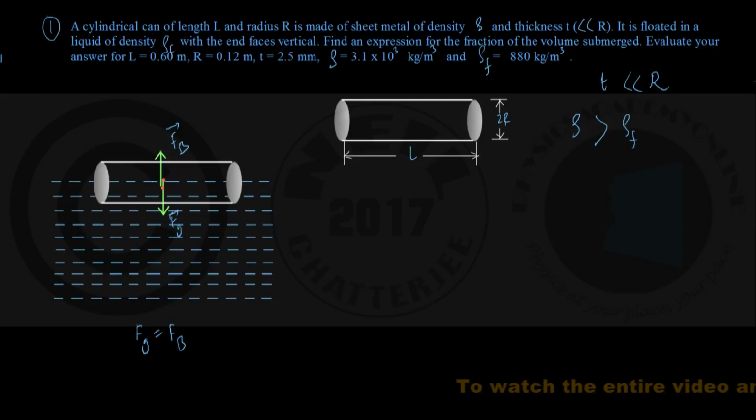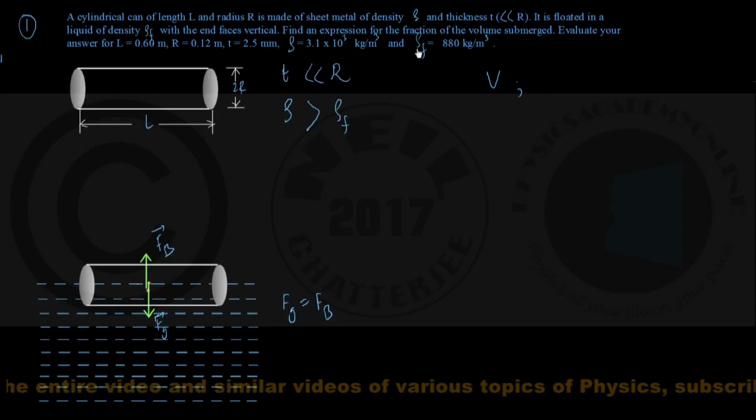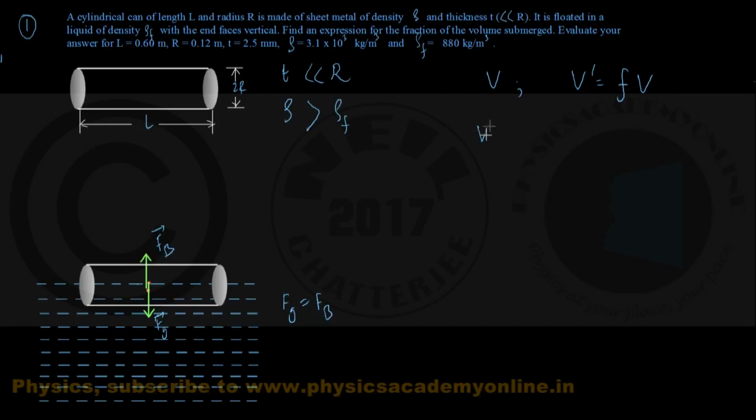We shall assume here, with a little bit of rearrangement of my drawings to make some space for writing, that the total volume of this cylindrical can is equal to capital V. So, if the fraction of the volume immersed under the liquid is small f, the required quantity in this problem, then the immersed volume can be expressed as V dash equal to the fraction f multiplied by the whole volume capital V. But what about capital V?